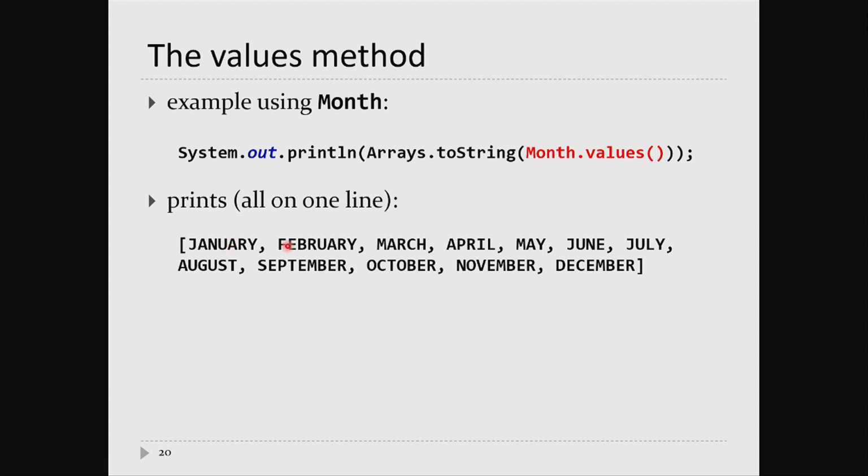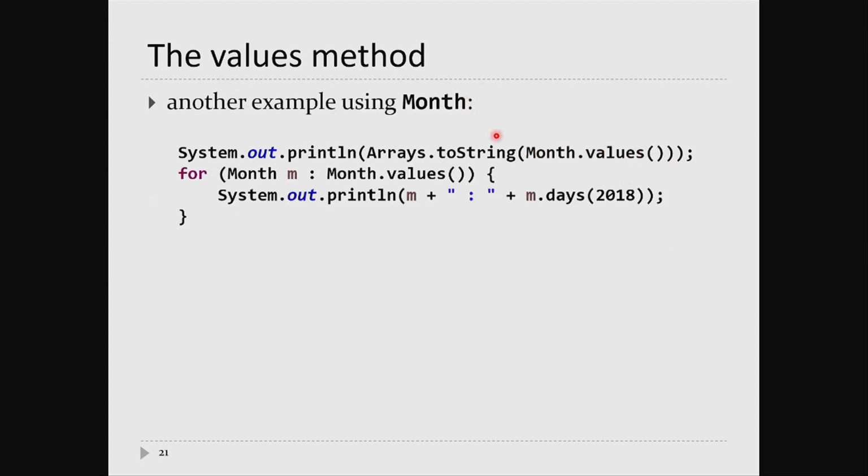These aren't strings; the array actually contains the enumerated constants. So you get the month January, the month February, the month March, and so on. If you want to get all of your enumerated constants as an array, you just call values.